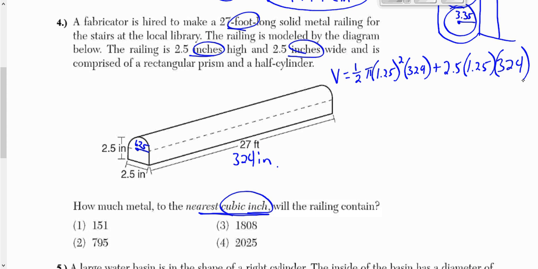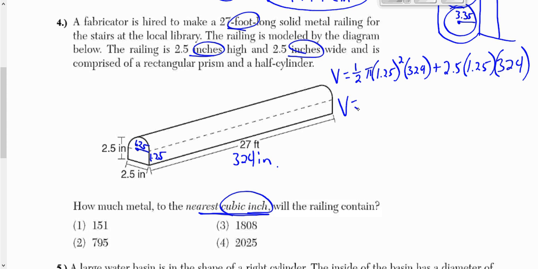It has to be 1.25. So if that is 1.25 right there, the other radius, it's 2.5 minus 1.25. The other 1.25. What do we got? Should have gotten 1807.7, right?